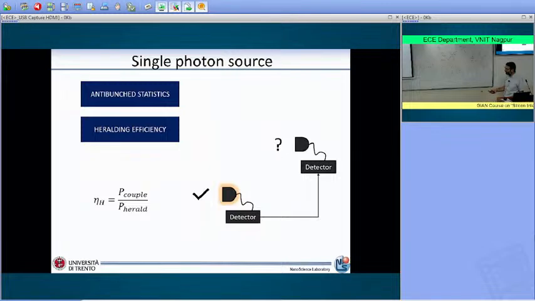So if P herald is equal to P couple, the heralding efficiency is equal to 1. But if we lose some photons, then the heralding efficiency goes down. And therefore, this is also an aspect by which we need to have very high quality photodetectors, because we do not want to lose any photon.